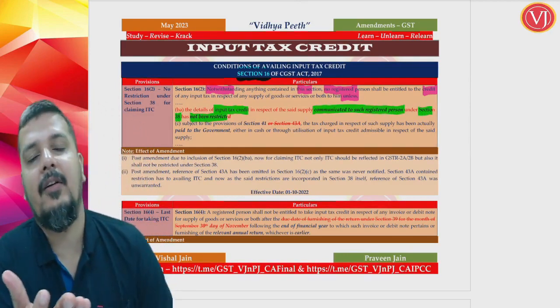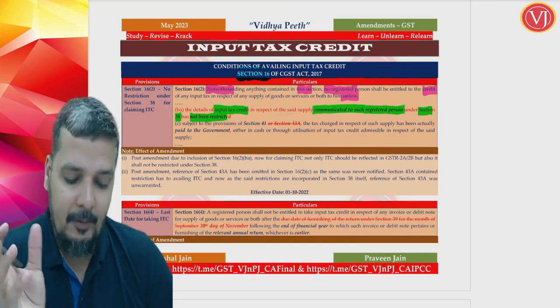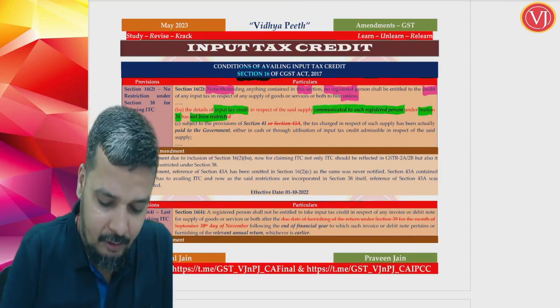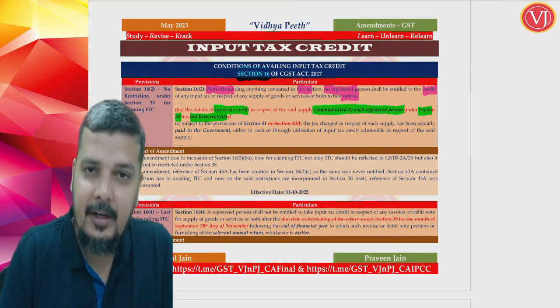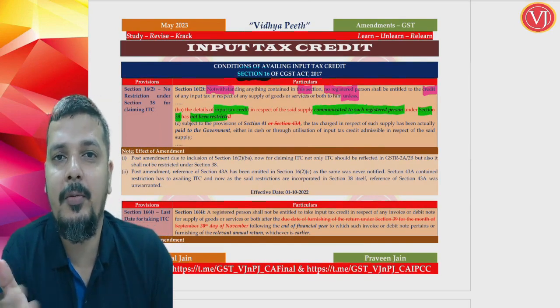You will get the details of your input tax credit in your GSTR 2B and 2A, so that should not be restricted. If you want your input tax credit, you have to ensure that whatever credit you are getting in your GSTR 2A and 2B, first of all, you should get that credit in your GSTR 2A and 2B. That is one of the criteria.